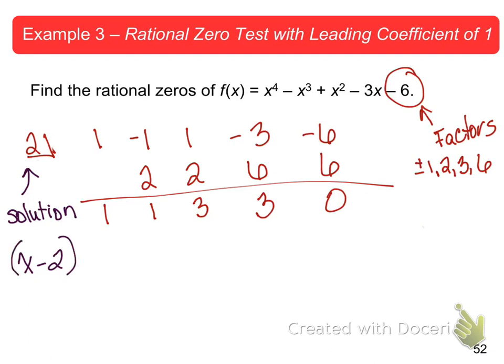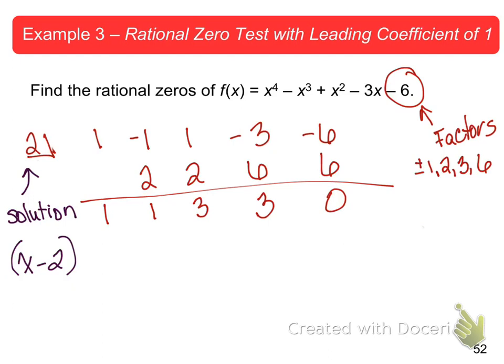Okay. Now I have to write my remaining polynomial. Right here is my remainder. What is this? Constant. Good. What is this? X. X squared.